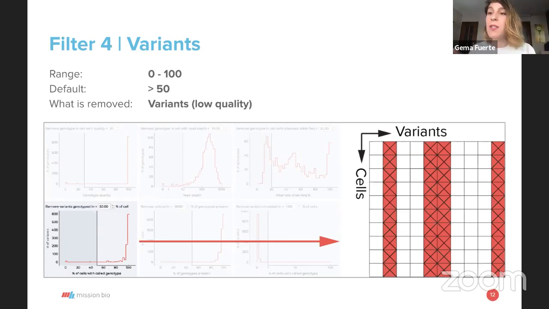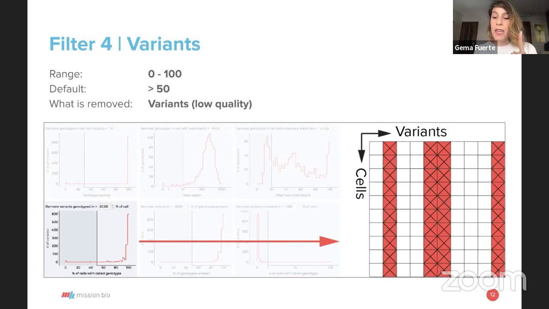If the primers fall in a high GC content region, sometimes they have a tough time to anneal, and they might not be present in 50% of the cells. So you can go lower just to look at these challenging variants. Imagine that you have a bulk sequencing confirmed variant in NPM1 that you don't see at first. You can change this filter and see if going down to 40 or 30, you see that variant.